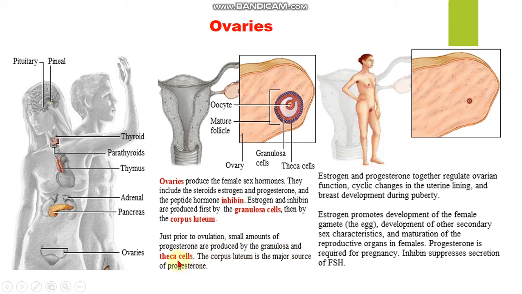The corpus luteum is what remains after ovulation. The corpus luteum is the major source of the progesterone.